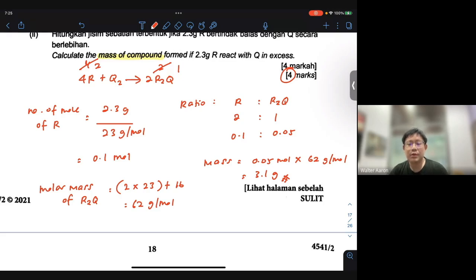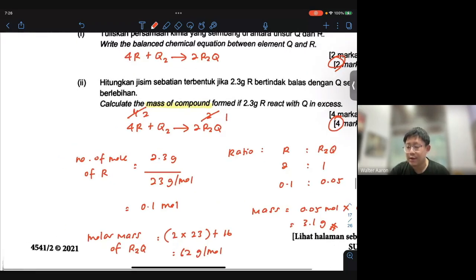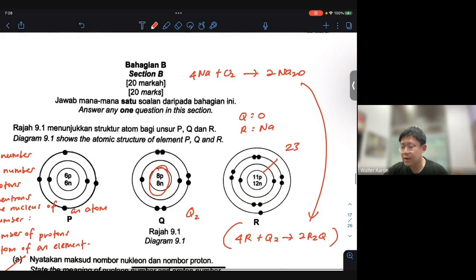Okay, for the chemical equation, why can't you write 2R plus Q? Some people actually write something like this, 2R plus Q. Now, I did mention before that Q is supposedly a diatomic gas. If you see properly over here, Q has 8 protons and 8 neutrons. So therefore, if you refer this to a periodic table, you will notice that it is actually oxygen. Oxygen has a symbol of 16-8.